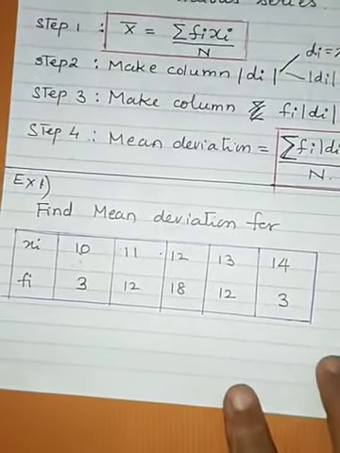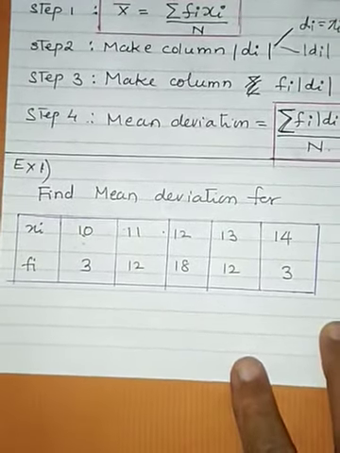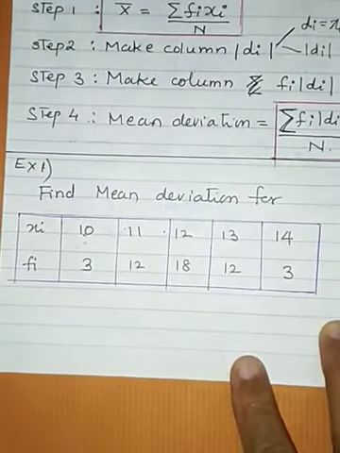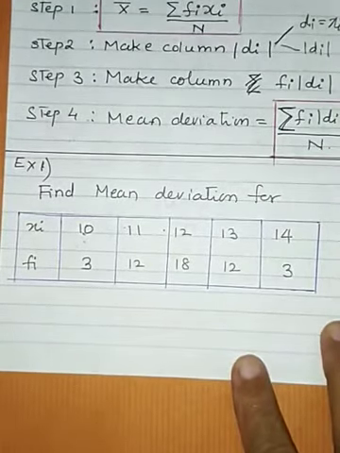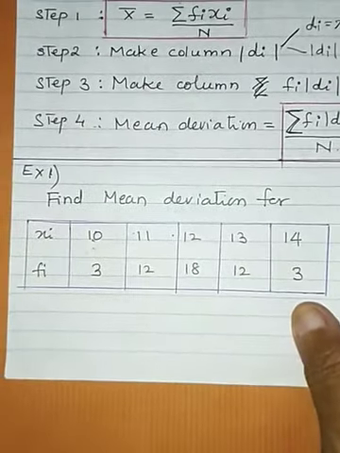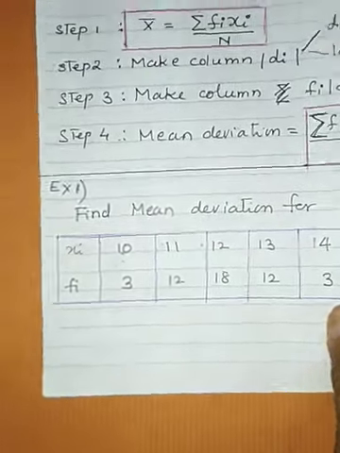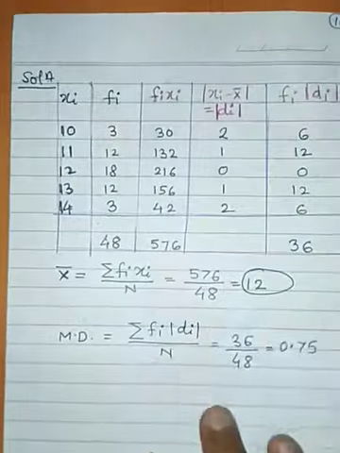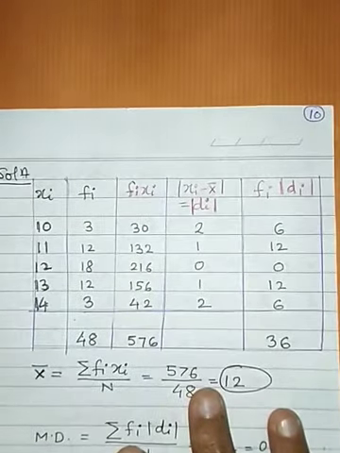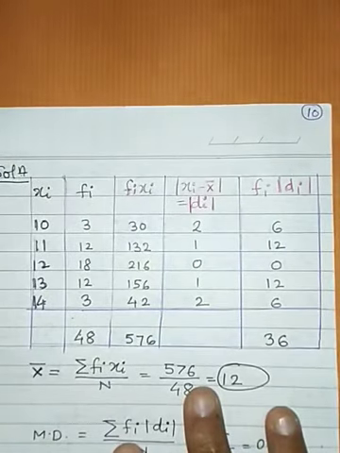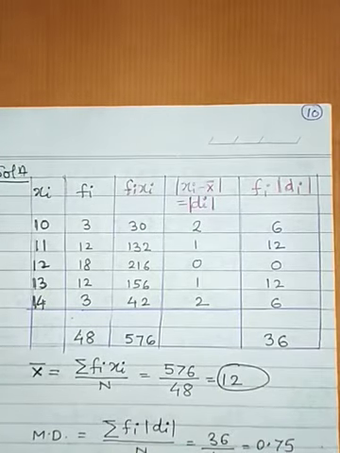So let us find out the mean deviation for this simple example. In the paper, the example will be given in this form, a horizontal table. Now I am making a vertical column out of that.